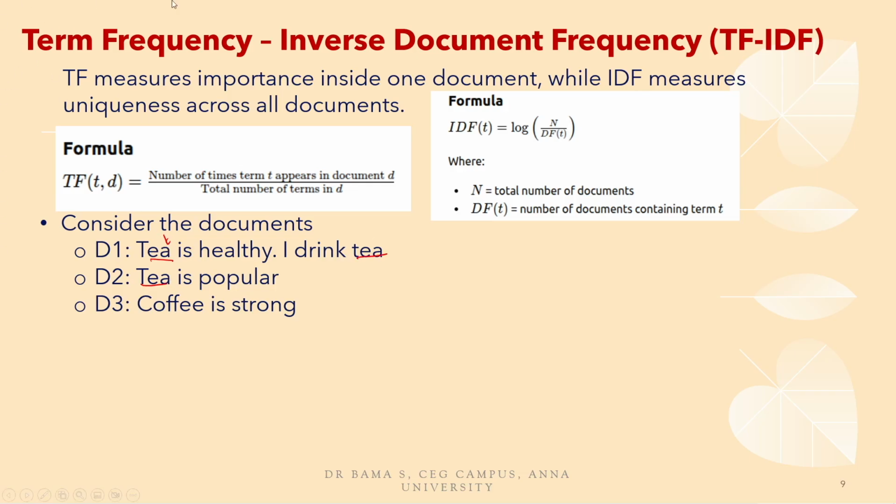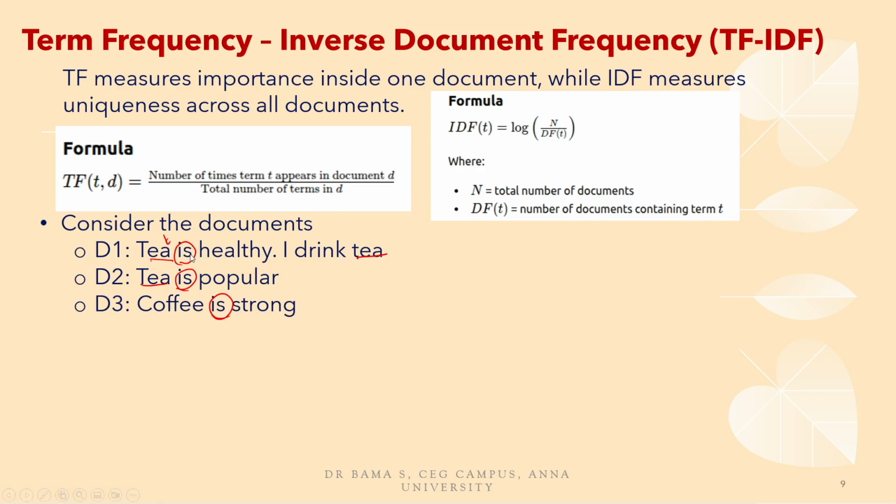And the term healthy occurs only in document D1, and popular occurs only in D2. And the term that occurs in all three documents is the word is.